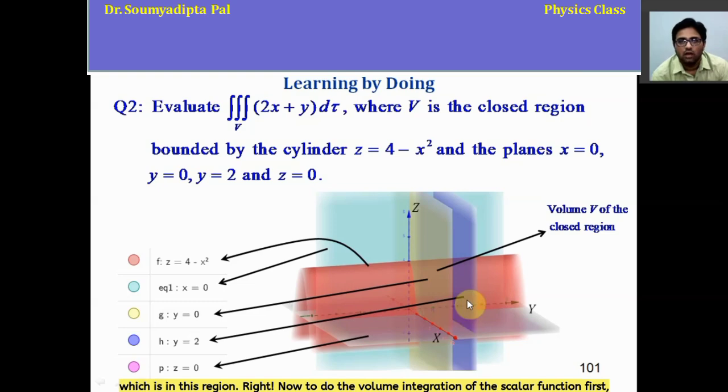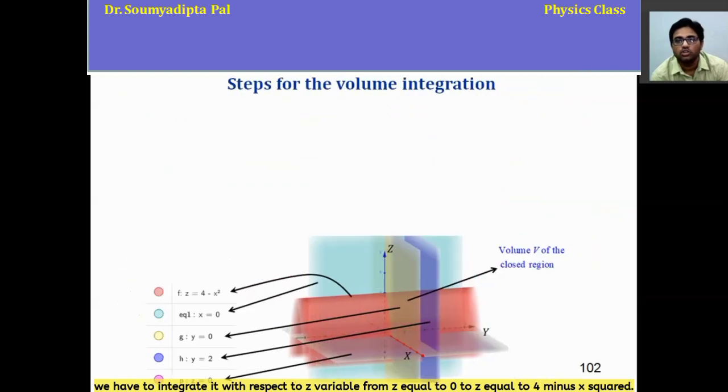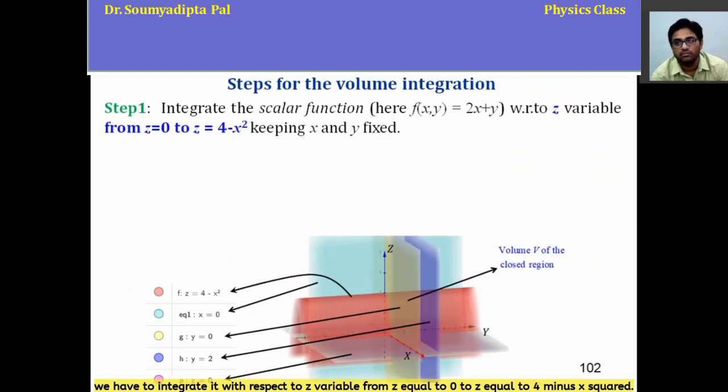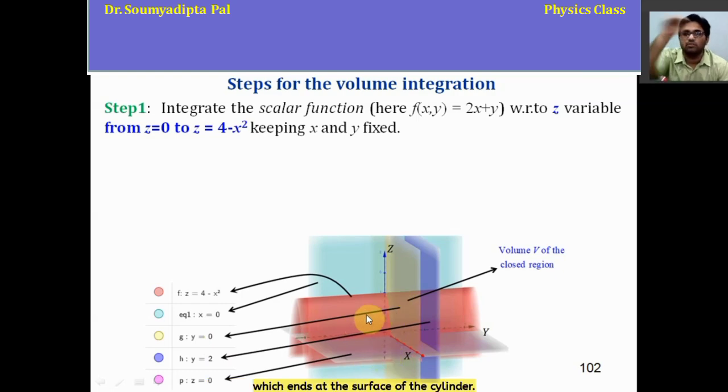Now, to do the volume integration of the scalar function, first we have to integrate it with respect to z variable from z equal to 0 to z equal to 4 minus x square. That is from the base here to the top of the particular column which ends at the surface of the cylinder.